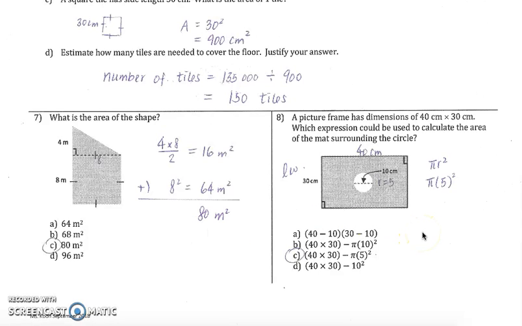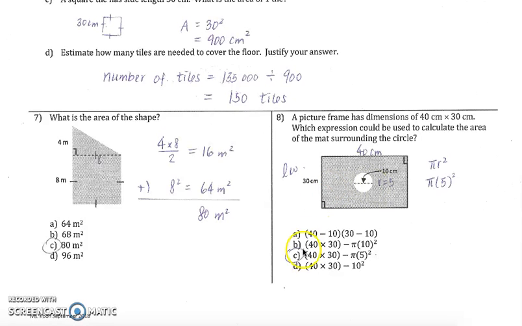Number 8. A picture frame has dimensions 40 centimeters by 30 centimeters. Which expression could be used to calculate the area of the mat surrounding the circle? So very clearly, we see that the mat takes up this space except for the circle. So this is a takeaway question.